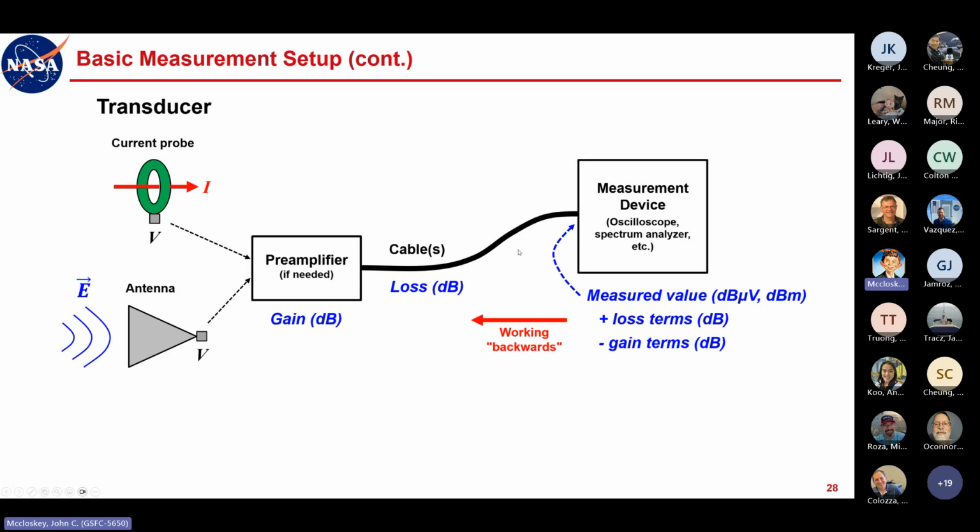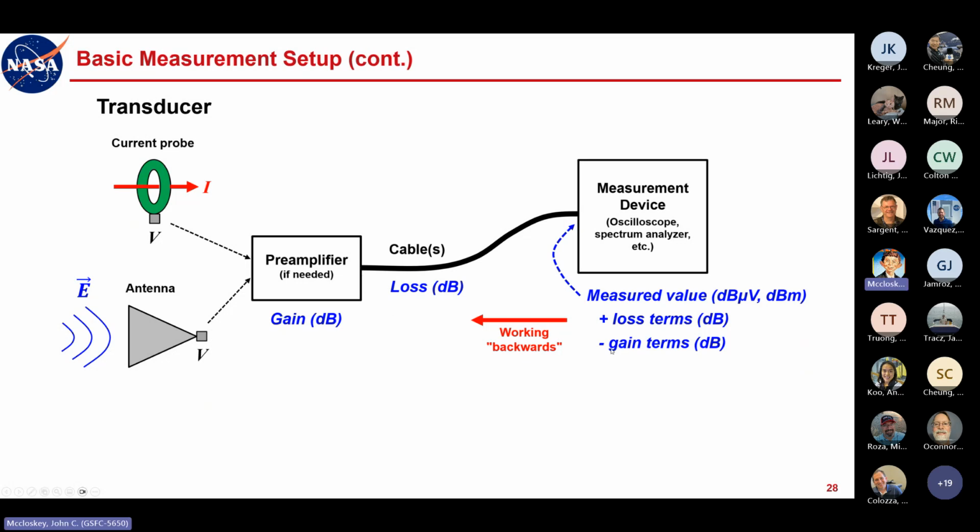But anyway, let's say you have 20 dB of loss. Well, that means that the actual value that you have at the input to the cable, if your cable has 20 dB of loss, is 20 dB higher than what you are observing at your measurement point. So you have to add that loss back in to get what you really had here.